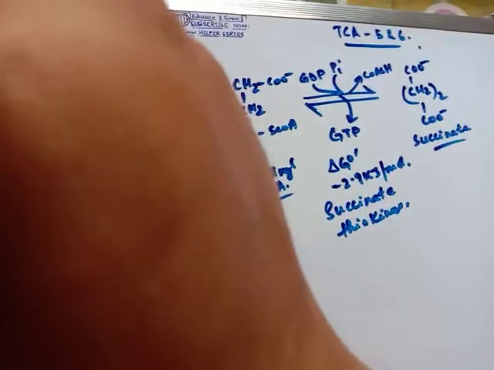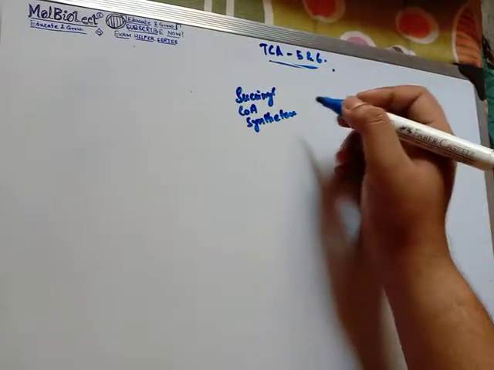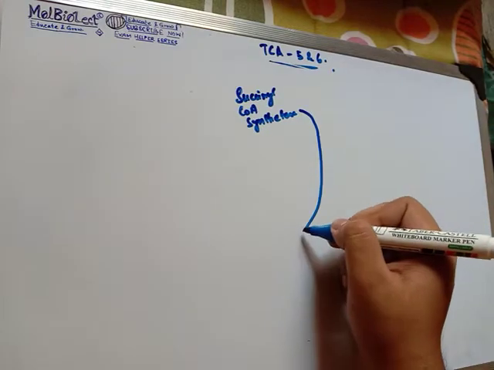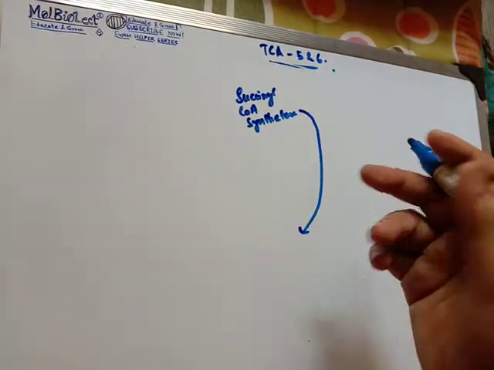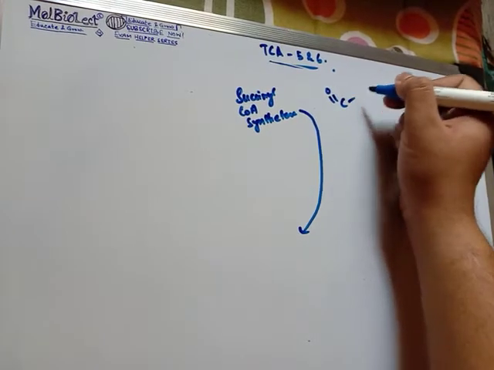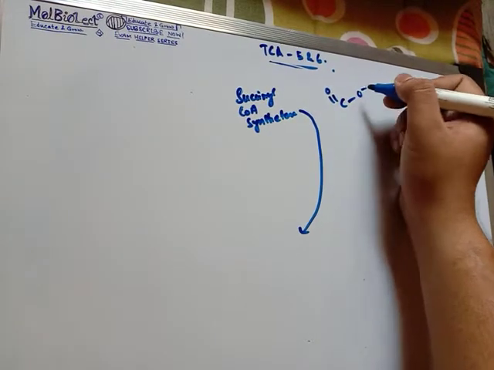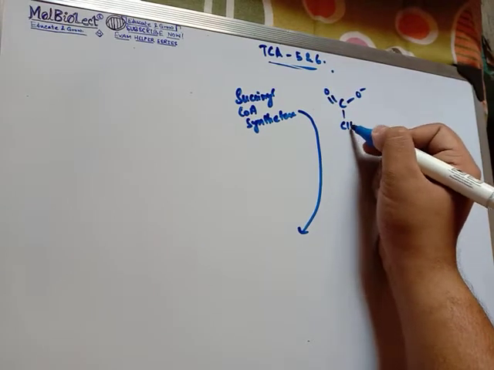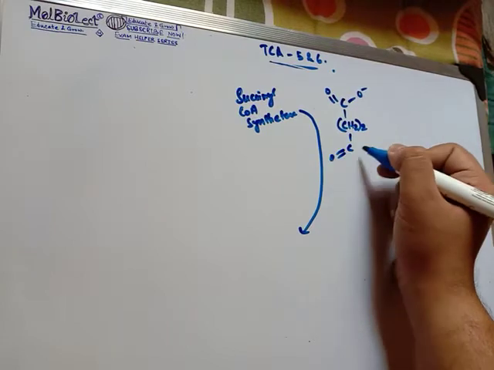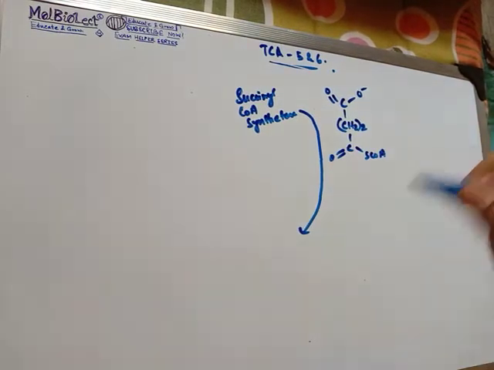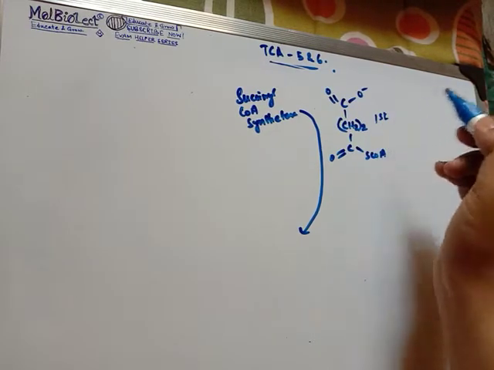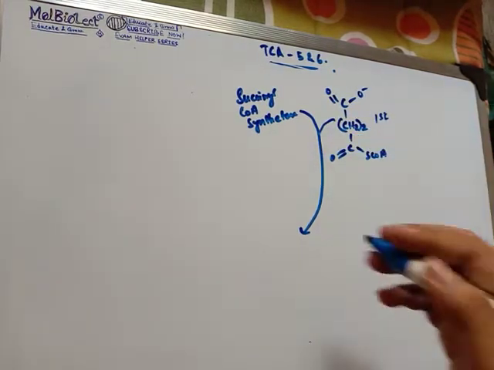Okay, so we have the succinyl-CoA synthetase, and this is actually helping in the conversion. So we also have the incorporation of the succinyl-CoA over here. So succinyl-CoA is our first substrate, and this first substrate enters this enzyme.